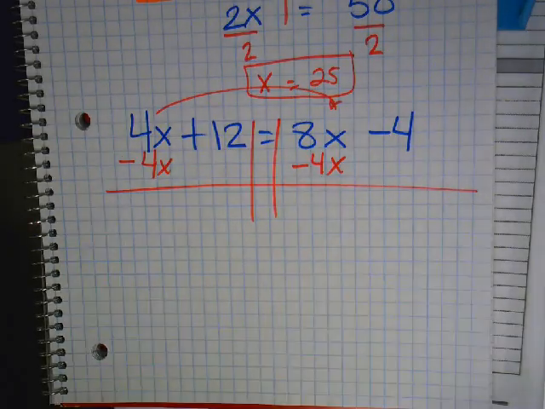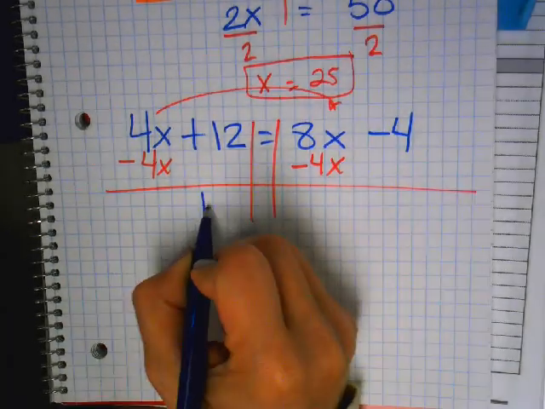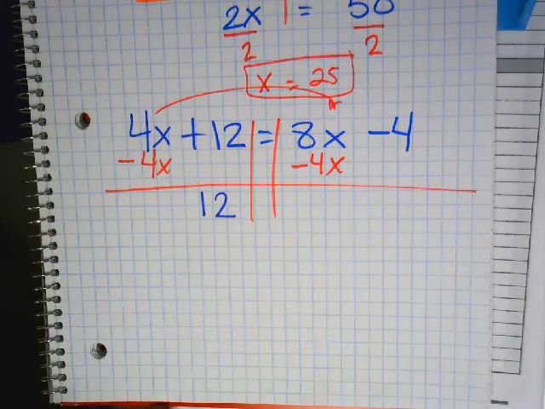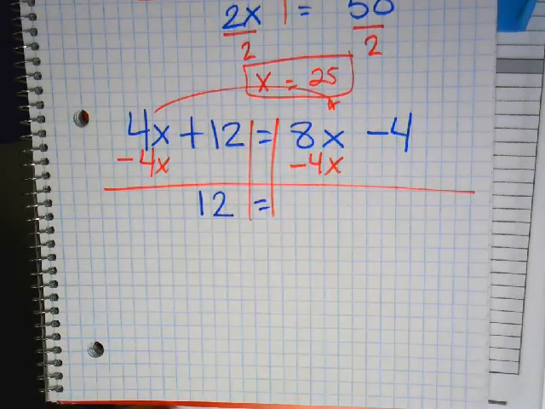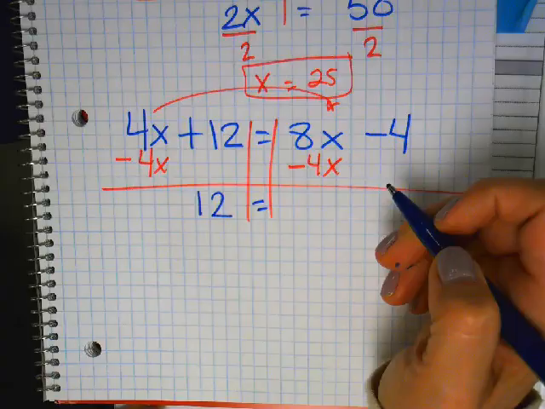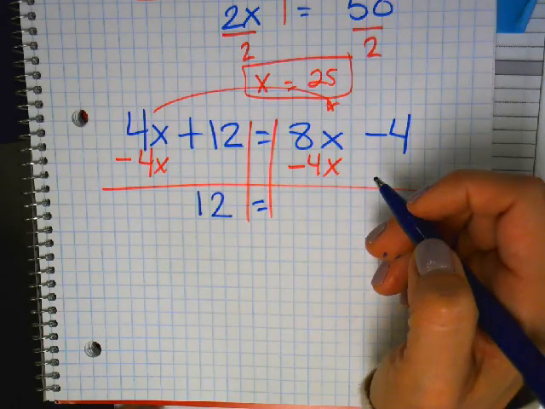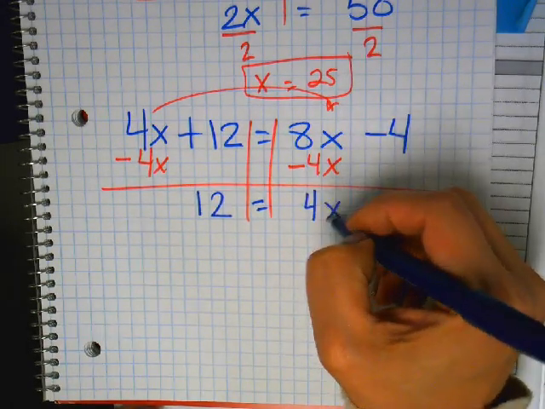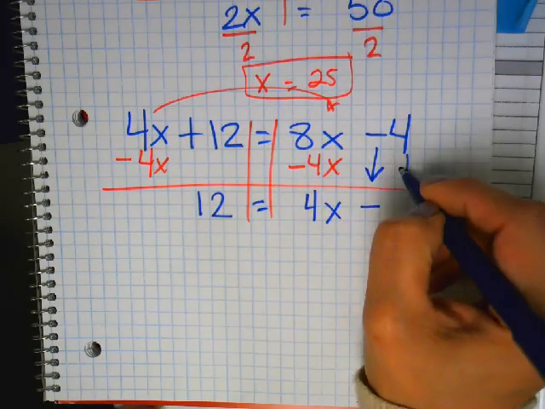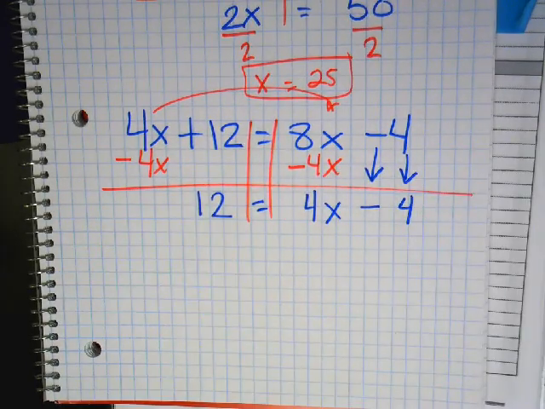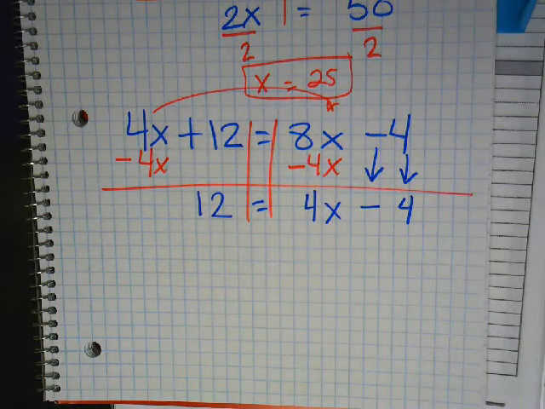Okay. What's left on this side? 12 equals 8x minus 4x minus 4. All right. Now what?